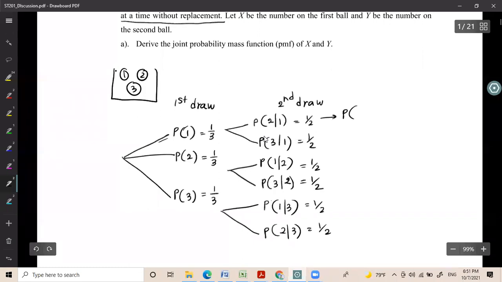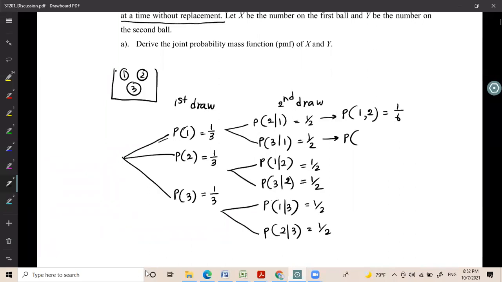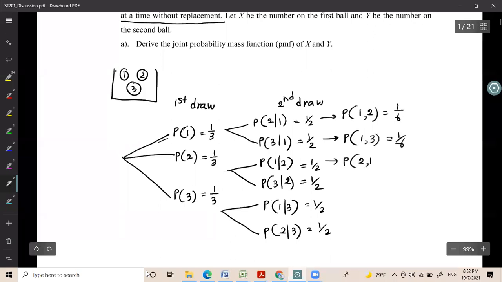That is the probability the first ball is 1 and the second is 2. What is that probability? 1/3 times 1/2, which is 1/6. The second one is the probability that the first ball is 1 and the second is 3. Likewise, you can fill all these 6 possibilities. 2 and 1.